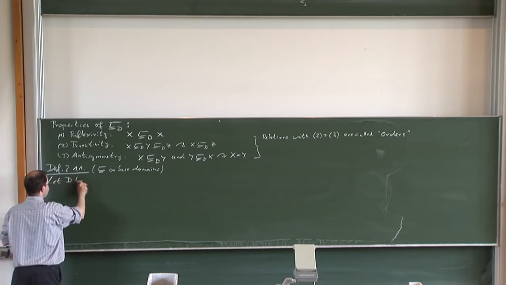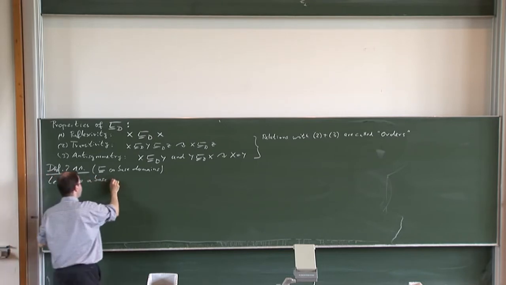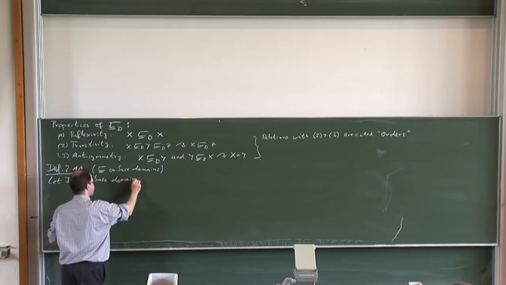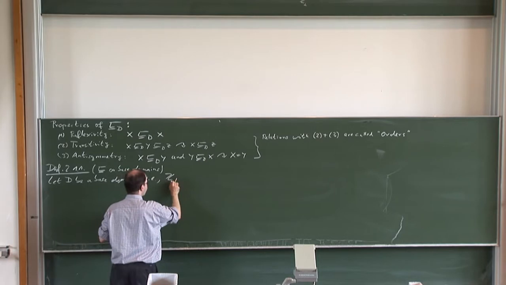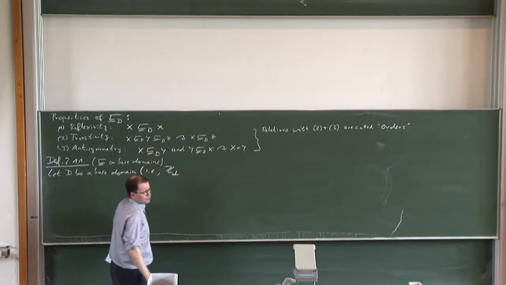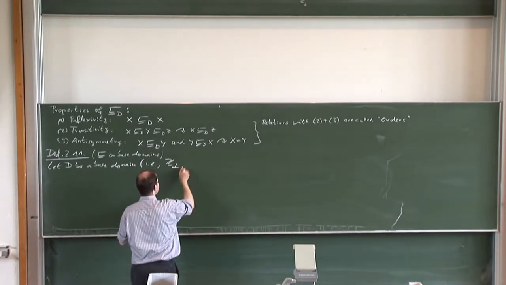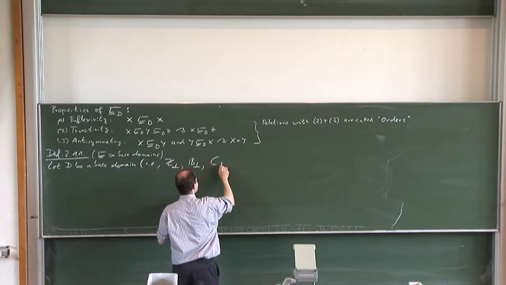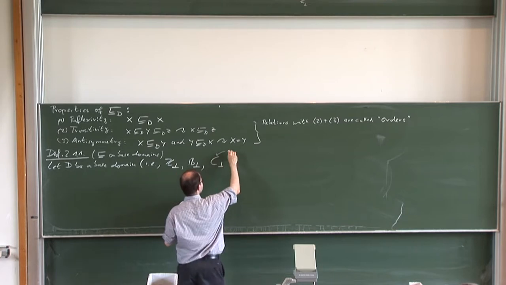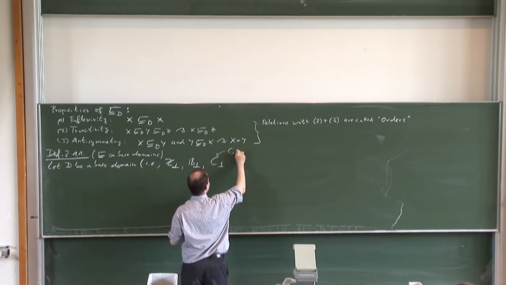So let D be a base domain, and what I mean by this is something like Z bottom, which is the domain for int expressions, or B bottom, which is the domain for bool expressions, or also C bottom. C is the set of characters. So C bottom are all the characters.